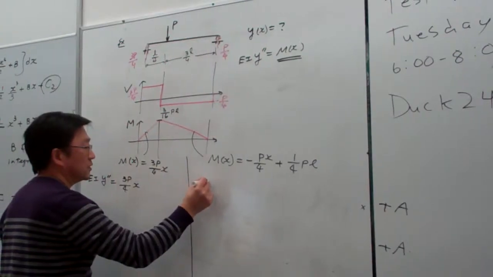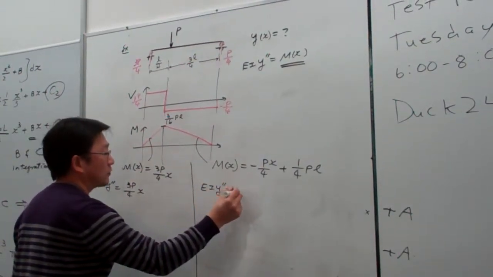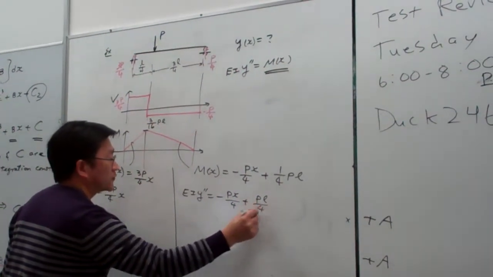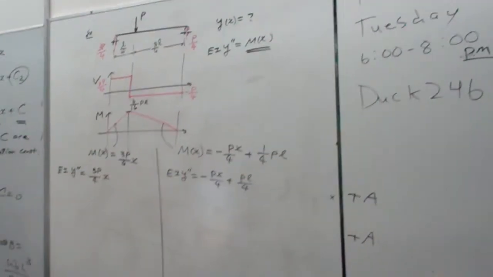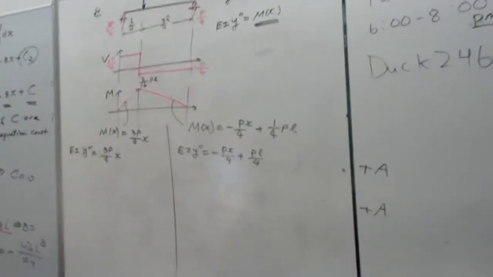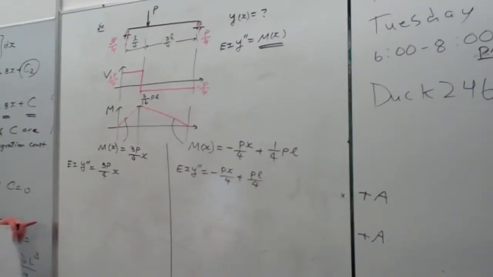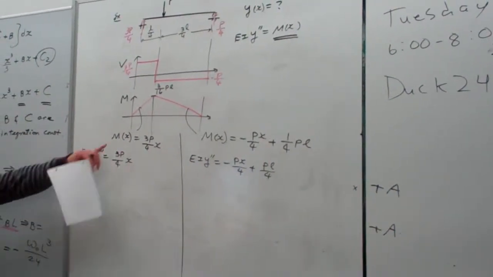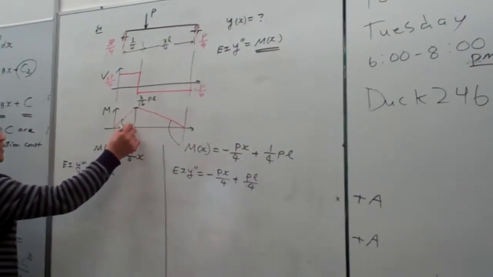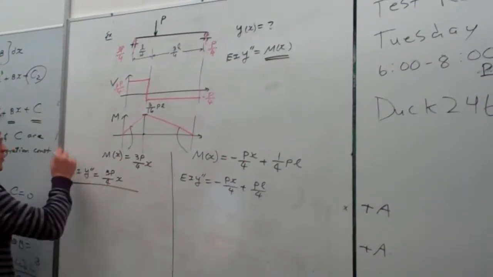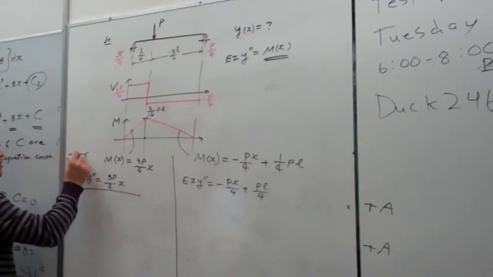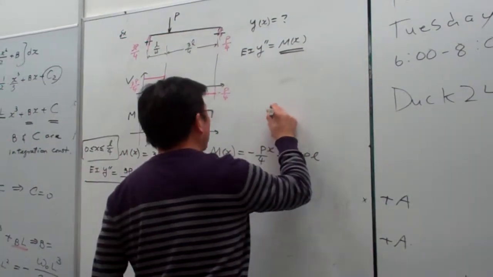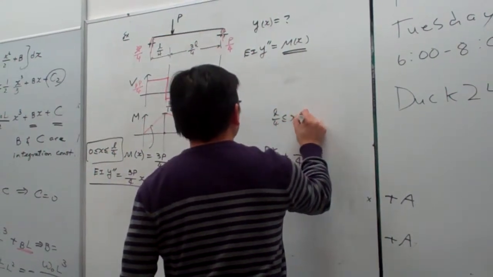For this one, EI y double prime equal to minus Px over 4 plus PL over 4. So individually we integrate the things. The calculation rigor will be double of what we have done here, because for different ranges, this range is between 0 and L over 4, and for this range, that is between L over 4 less than x less than L.